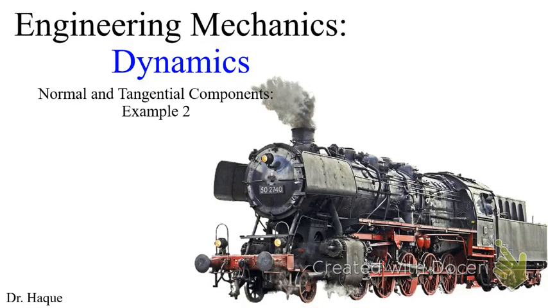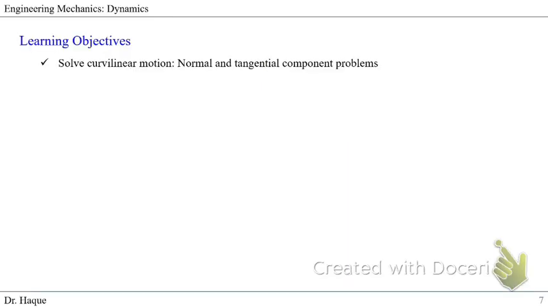Hello everyone, welcome back. In this video we're going to solve another example on normal and tangential components, and I'm sure you know that the image tells us that in this problem we're going to include a train. So let's see what our learning objective is.